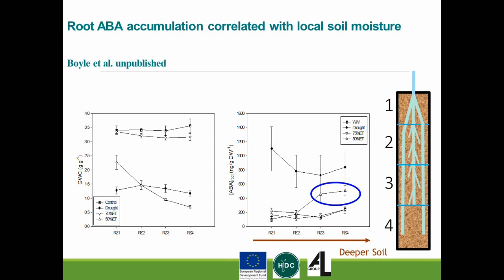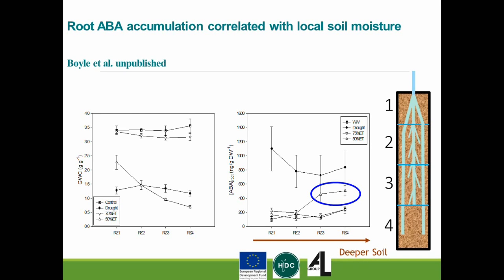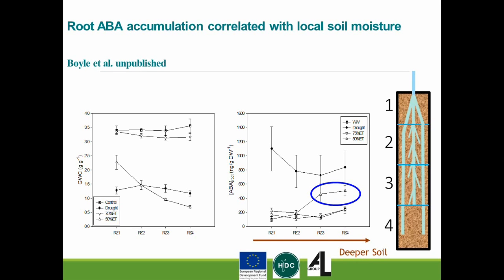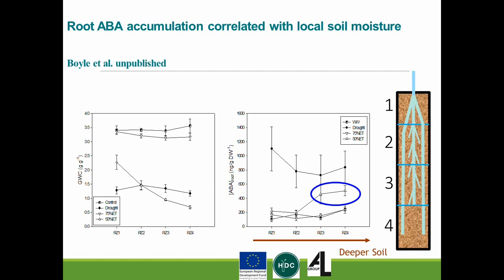He's currently working his way through the soil water uptake calculations, but I suspect that most of that ABA that is accumulated within the lower part of the soil profile is not actually being transported from the root to the shoots. And that explains why there is this attenuation of xylem ABA concentration with this sustained deficit irrigation treatment.